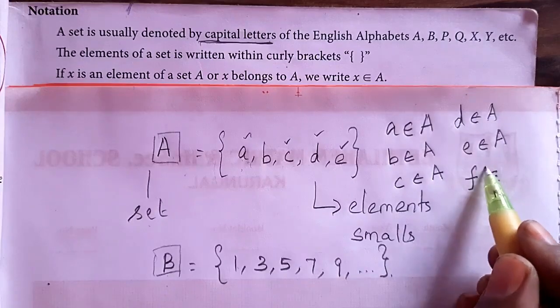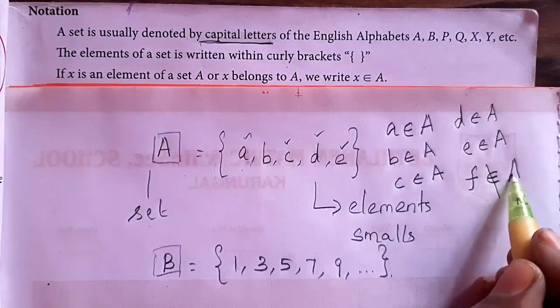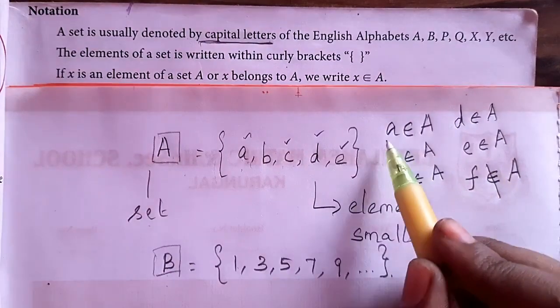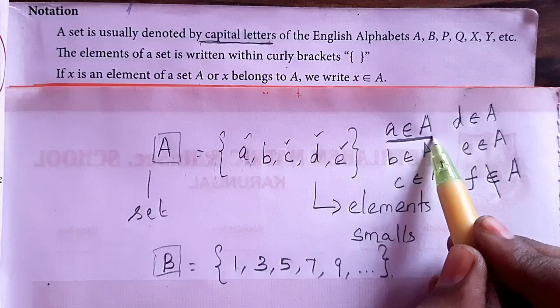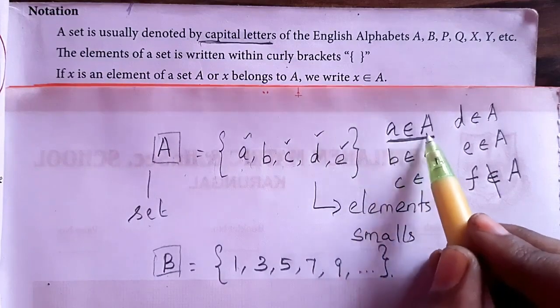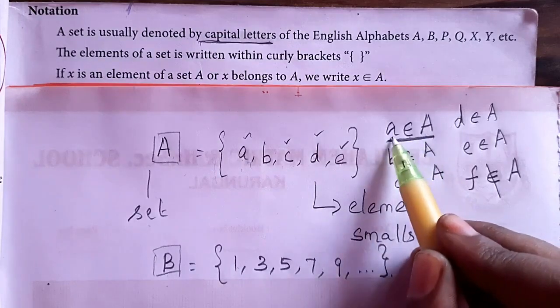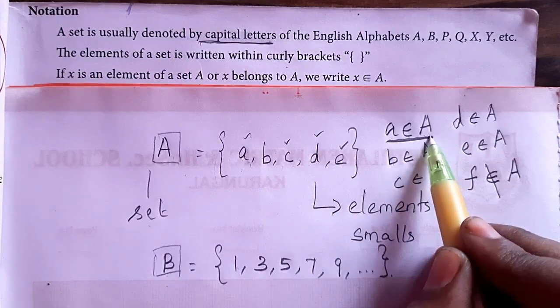No. So we can say f does not belong to capital A. In future we will use the symbol with the letter. So wherever you see a belongs to capital A, you should remember this small a is an element of set A. Are you clear?